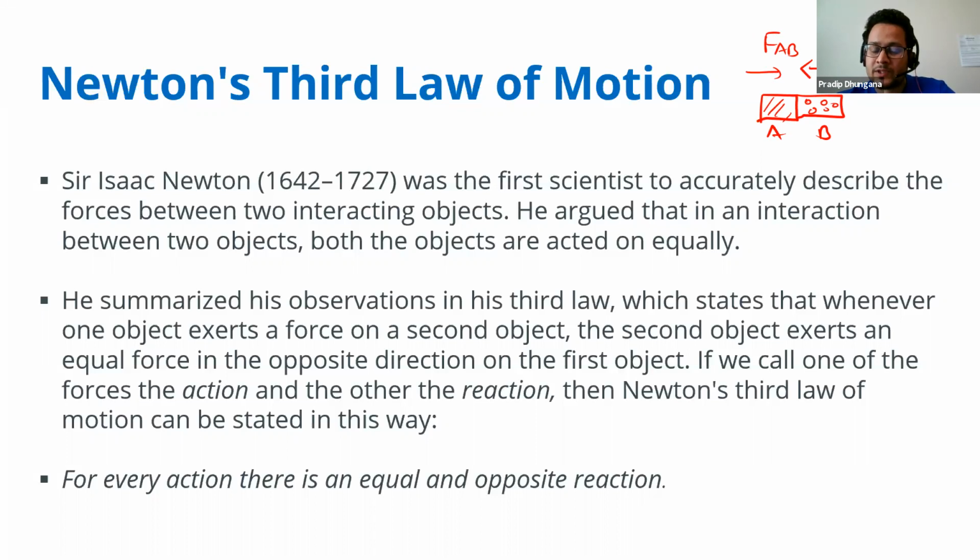These two forces are equal in magnitude and opposite in direction. That means the force due to A on B is equal to negative the force due to B on A.